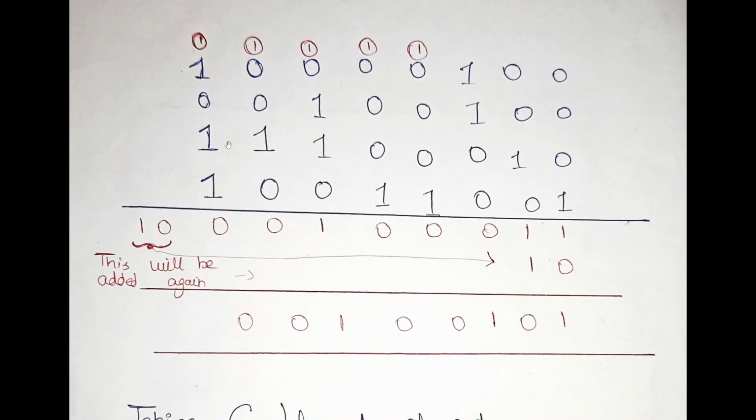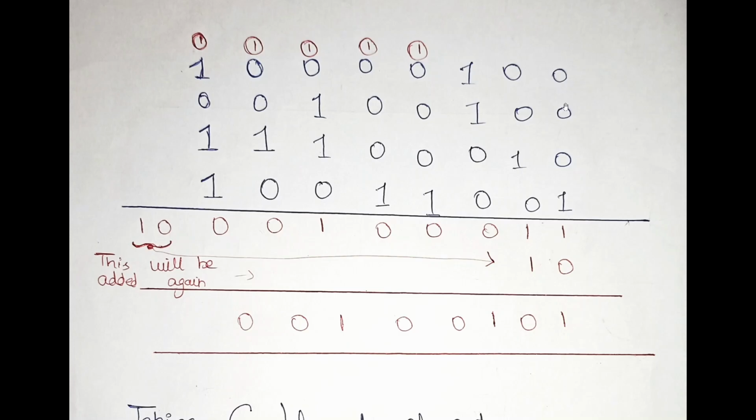Okay, before addition, let me tell you: listen very carefully. When you do the sum of 0 and 0, it comes out to be 0. When you do the sum of 0 and 1, it comes out to be 1. And when you do the sum of 1 and 1, then it comes out to be 10, that is 1 0.